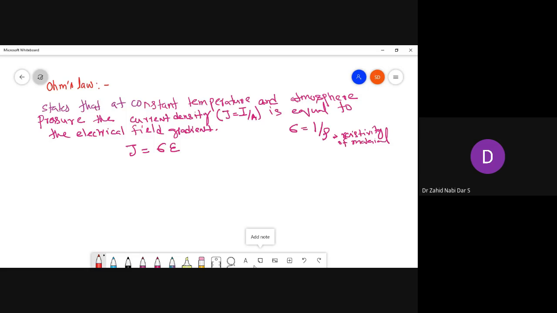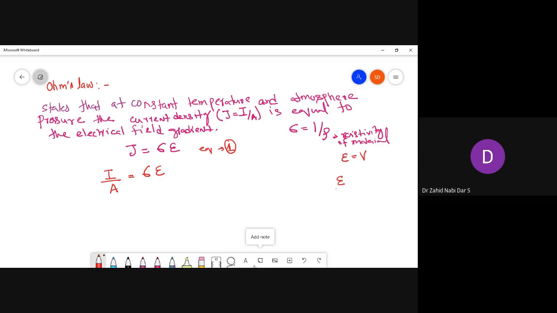So this J value, let me write this as equation 1. This J value is I by A is equal to sigma E. If E is EMF, E can be taken as V also, no problem.